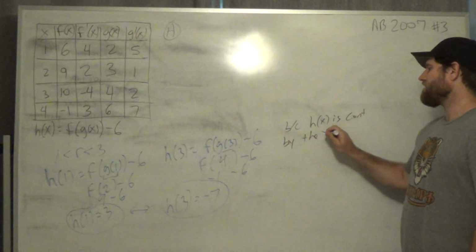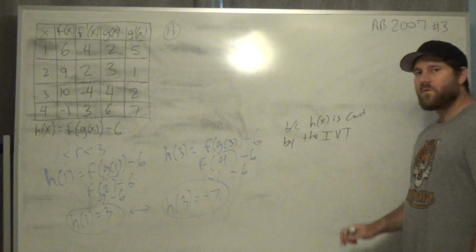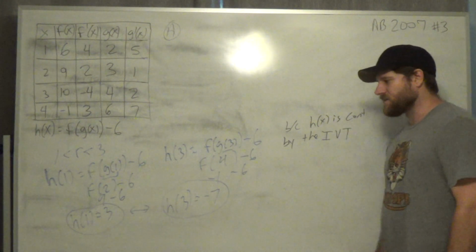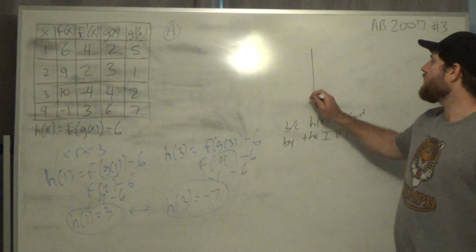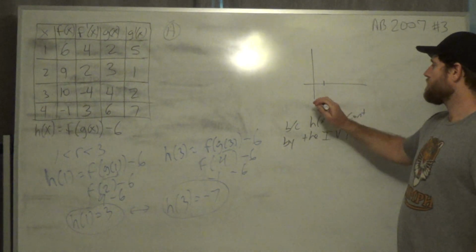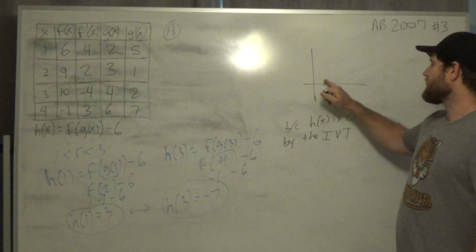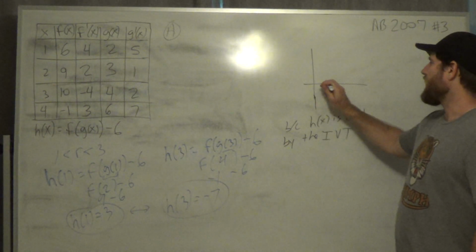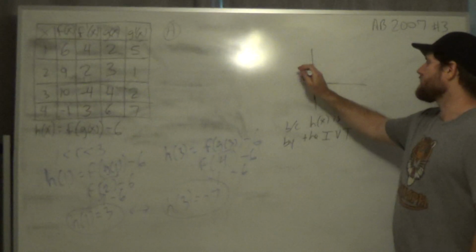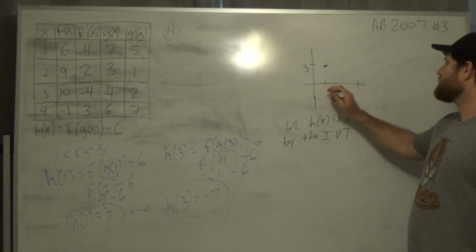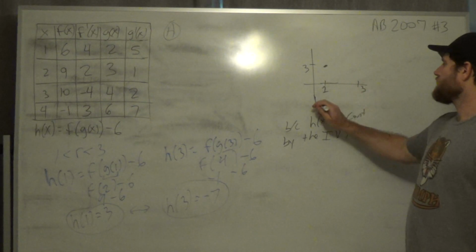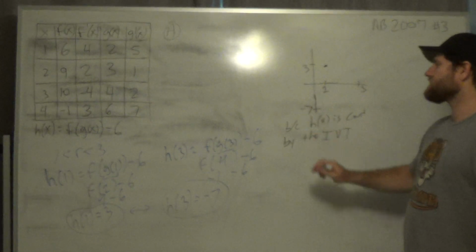by the IVT. Now, what in the world is the IVT going to guarantee us? I don't know what the graph of h looks like, but I do know at 1, the graph is way up here at 3, and then by the time we're at 3, it's way down here at -7.